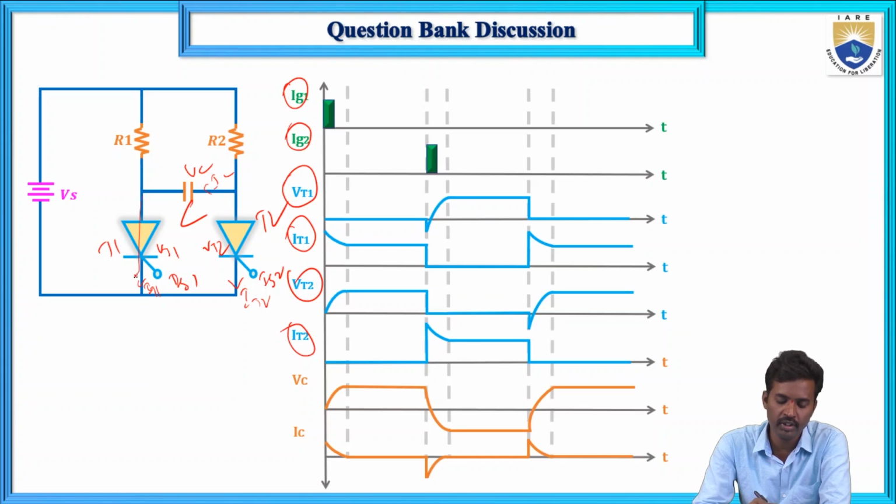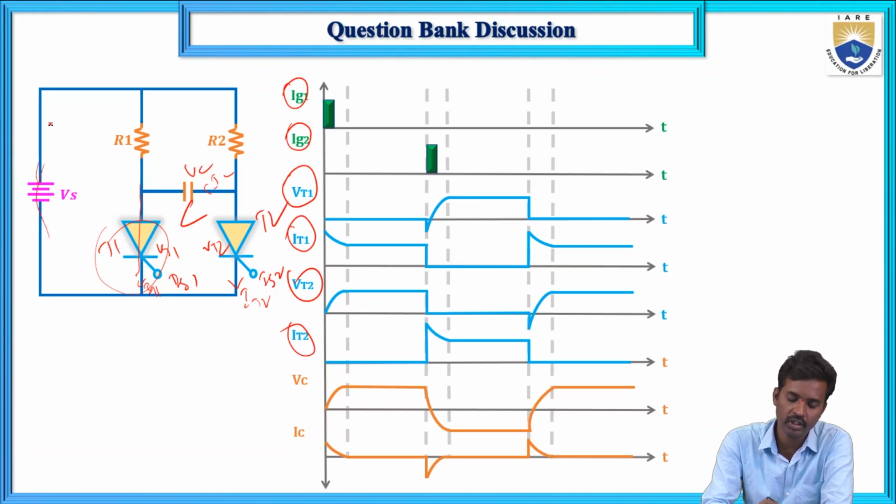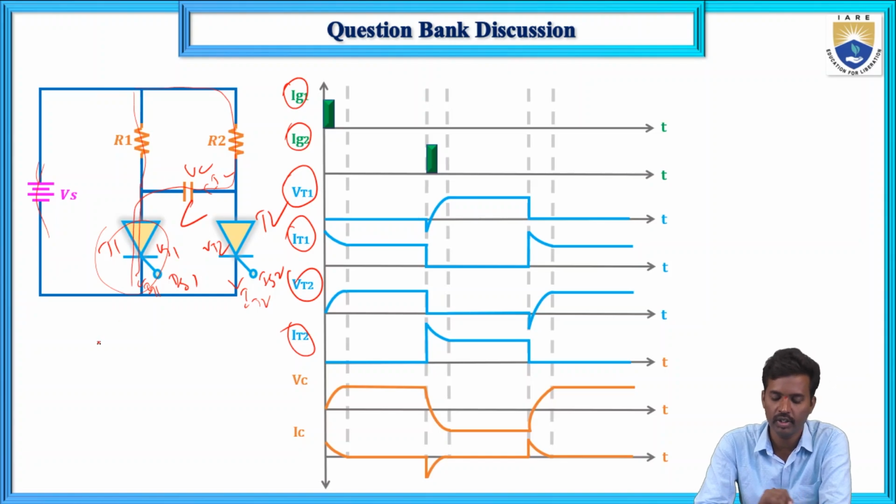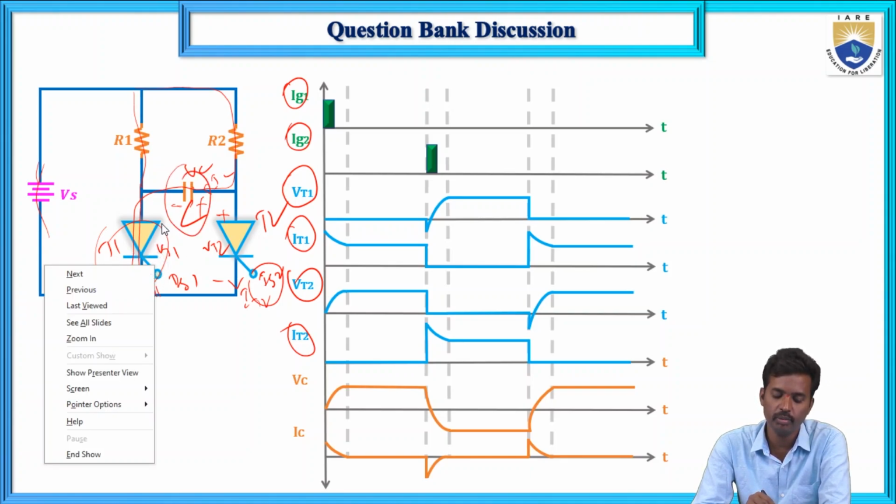So when T1 is on, now here how will it turn off? Initially when T1 is on, current flows in this way, and again current flows in this way. And now when you turn on T2, this is plus and this is minus. So now we are applying reverse potential to this one, and it will be turned off.